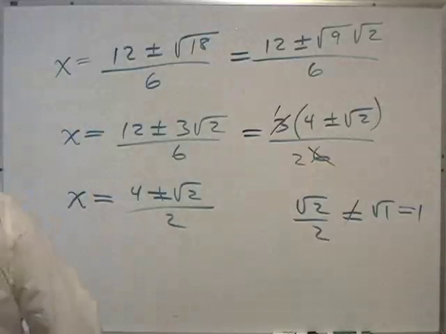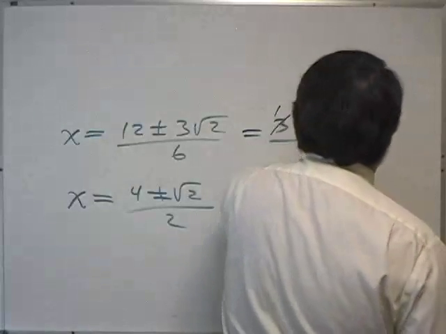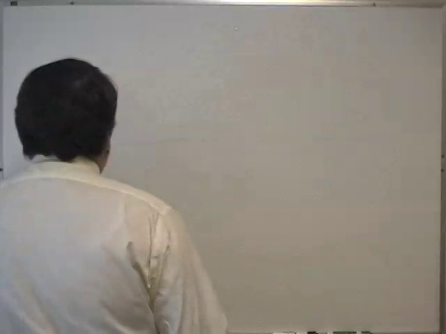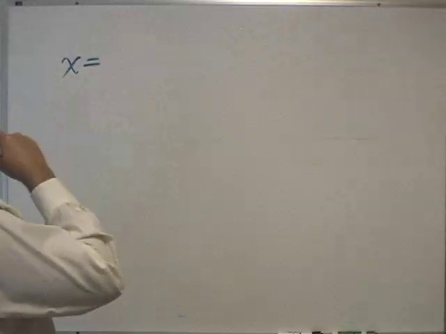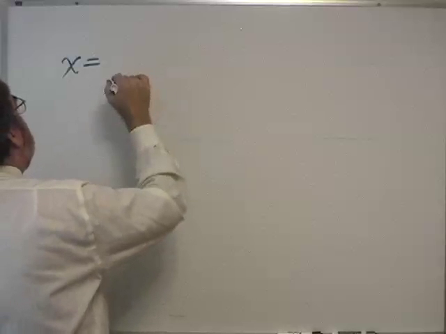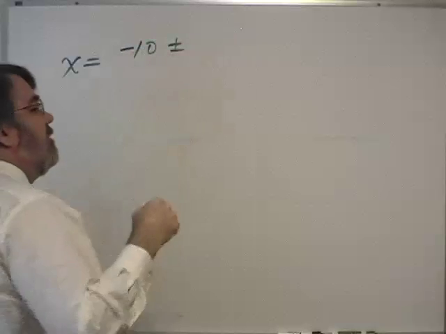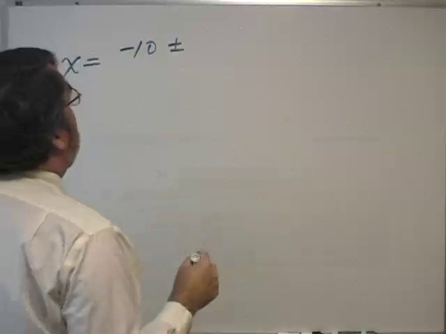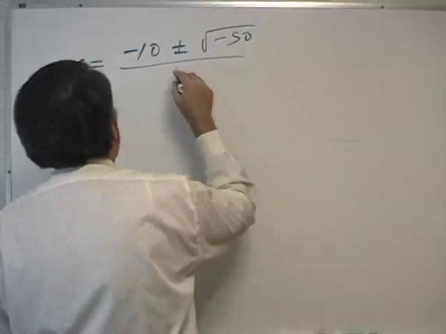All right, one more example here. Let's see, how about, just for the practice, let's look at an answer of x equals negative 10 plus or minus the square root of negative 50, divided by 2.